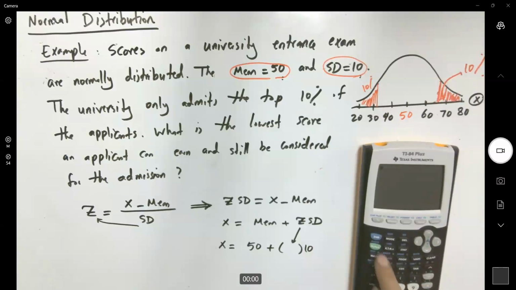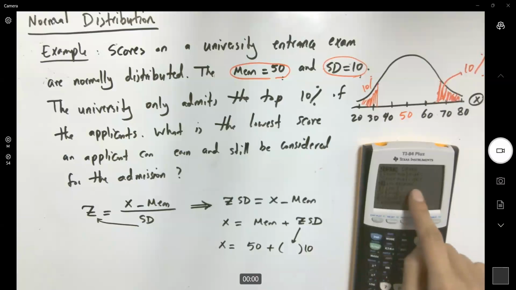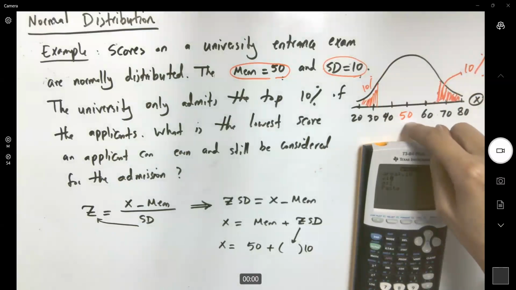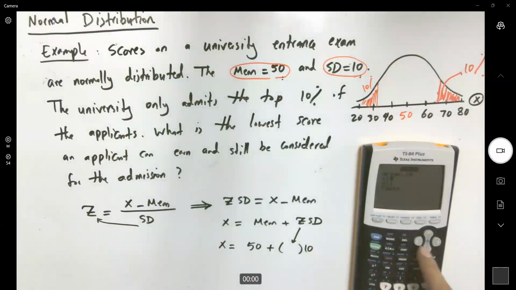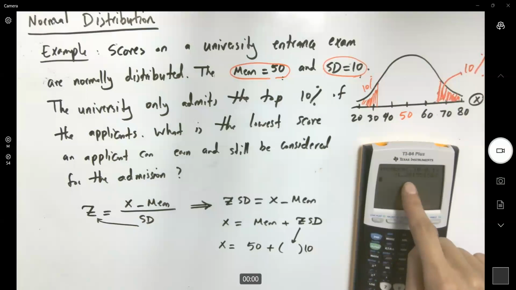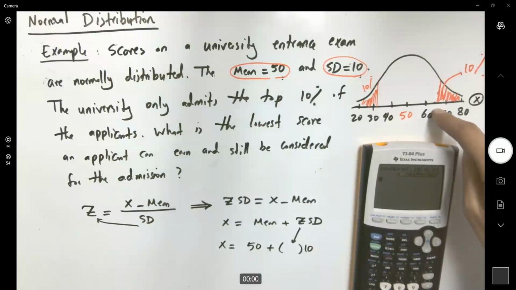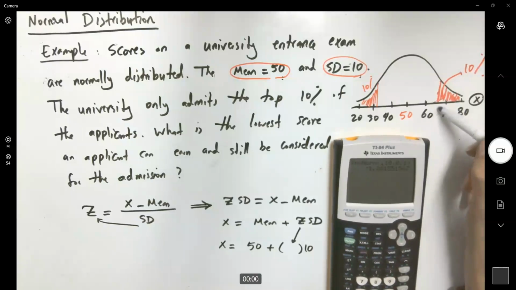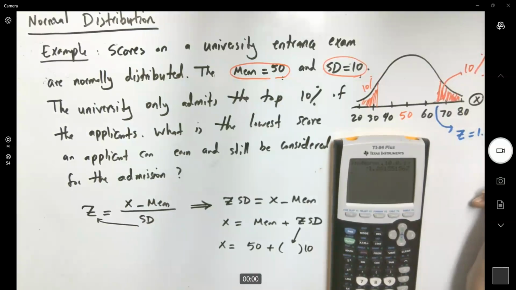Let's turn on the calculator. Second vars, inverse norm. The area is 10%, 0.10. We're not going to use the mean of 50. We're trying to find the Z-score, so we need the Z associated to 10%. Mean is 0, standard deviation is 1. So the Z-score is negative 1.28. On the right-hand side, your Z is 1.28.